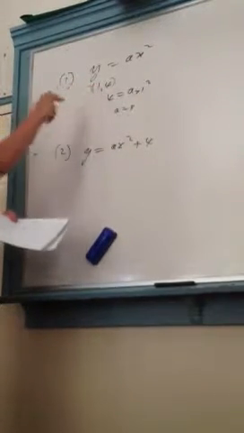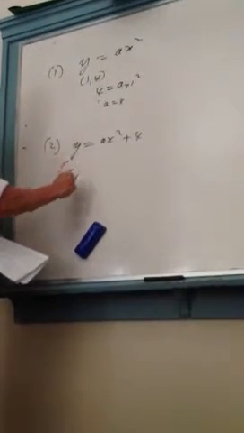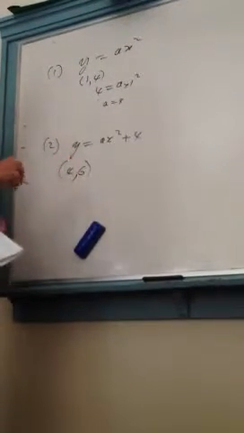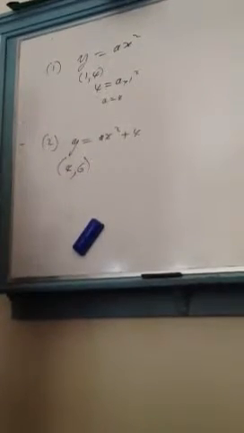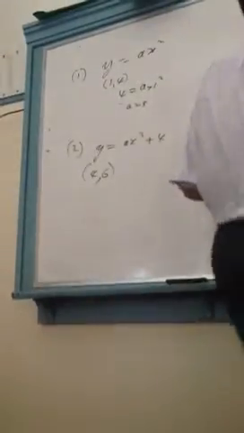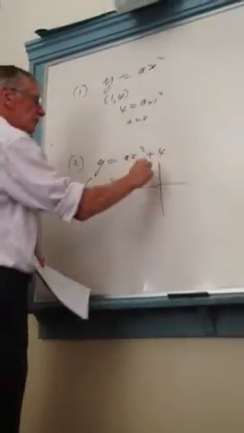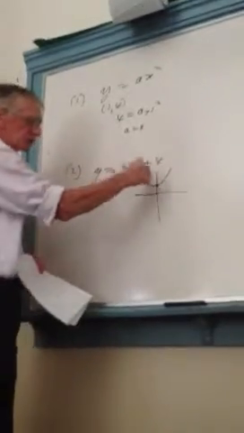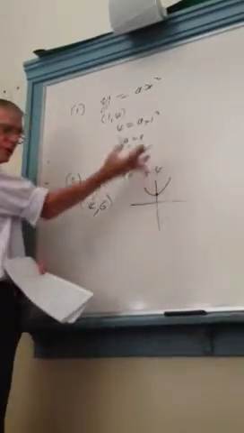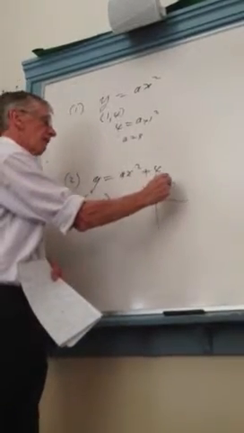Well, you have to be given a point. So if it goes through the point 4, 6, we can find out what a is. Just sub in there. So with the plus 4, that's the y coordinate on the turning point, that's 4. Because it's just gone straight up, and 4, 6 is here somewhere.